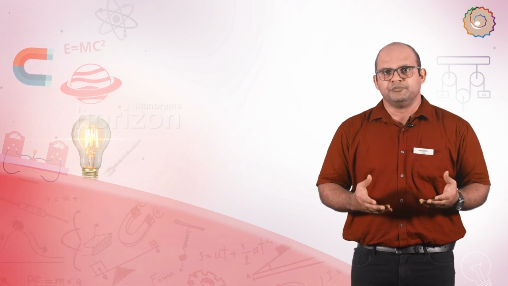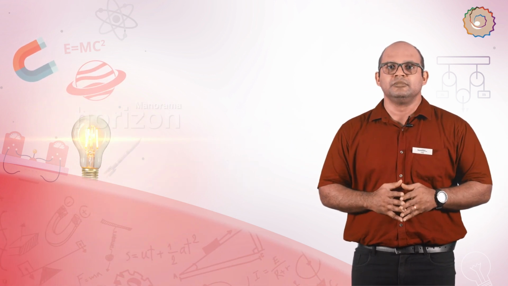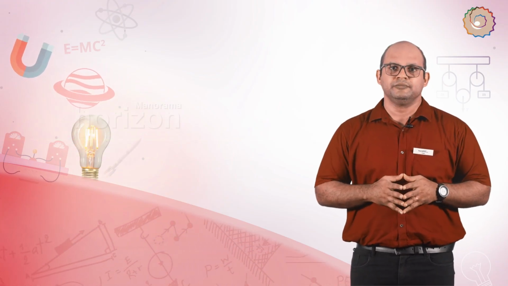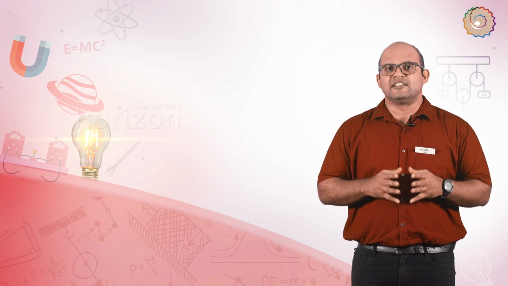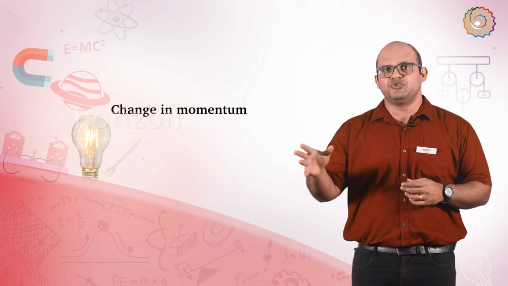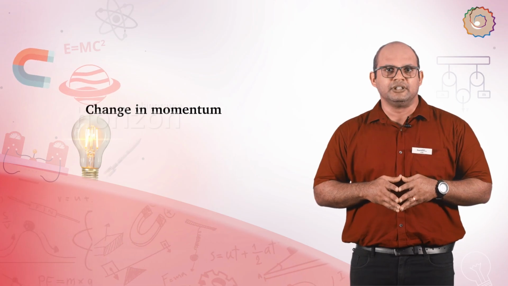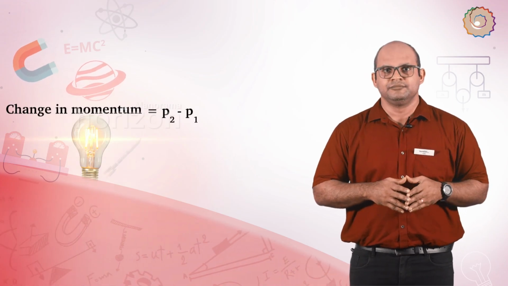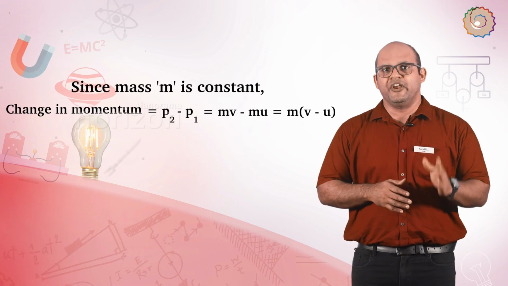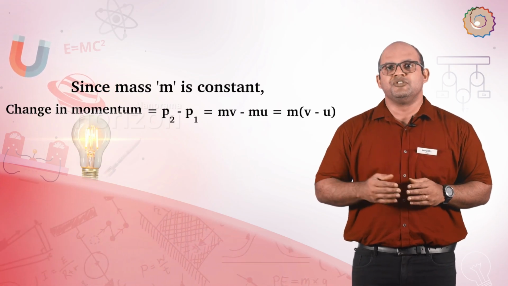This relationship between the rate of change of momentum and the force applied on the object can be expressed mathematically. Momentum is symbolized by the letter small p. A change in momentum between two states is given by the expression p2 minus p1. Since we regard the mass as being constant in this case, the change in momentum is brought purely by a change in velocity.